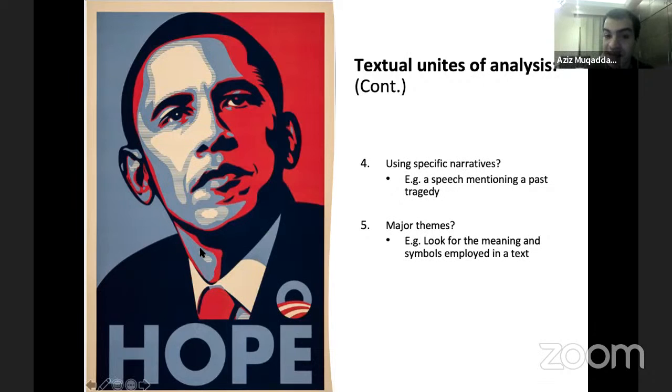What does hope mean? Why the use of hope? Hope for what? It's interpreted via your own lenses. And so in content analysis, the more you go into this, your units won't be specific words, but you have to analyze the text in its totality.